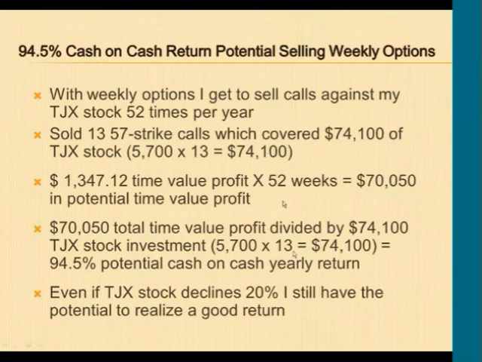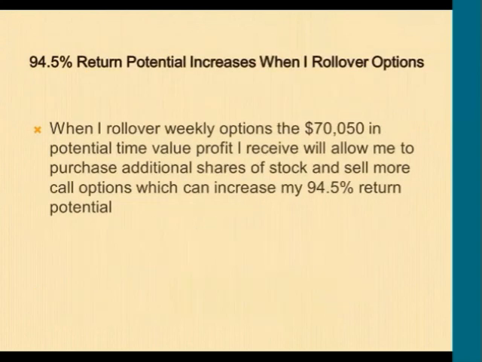So that would lead to about a 94% cash-on-cash return, and that doesn't include any profits on the underlying stock. So even if the stock declined 20%, I would still have a good return with this strategy.